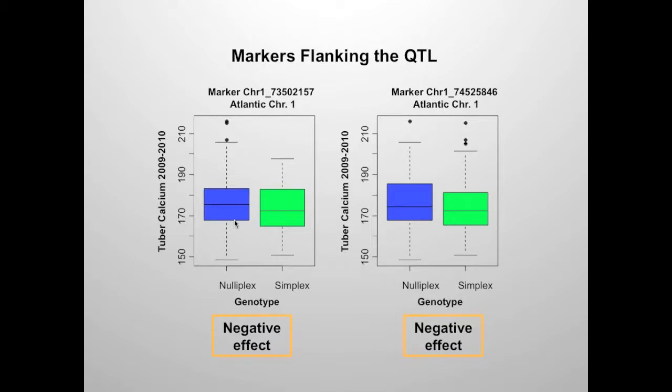But if we were using something different, like disease resistance, for example, we probably could find a higher difference between the means of the genotypes. Both markers had a negative effect. It means that when the simplex marker was present, the mean went down.